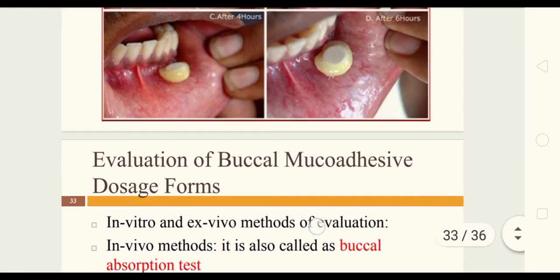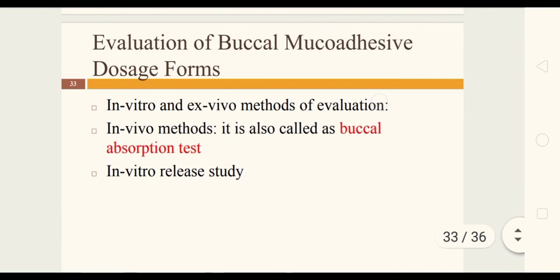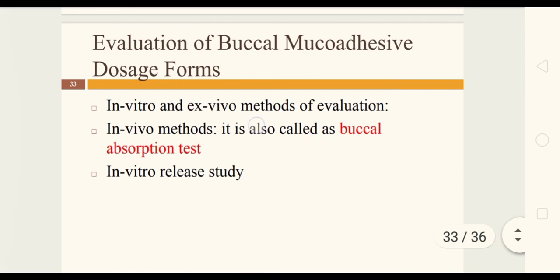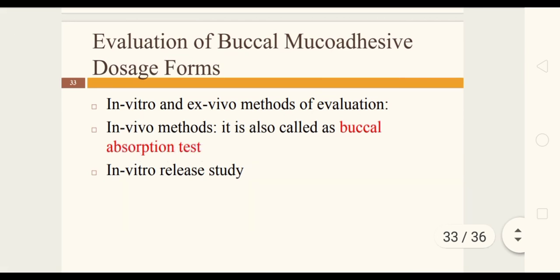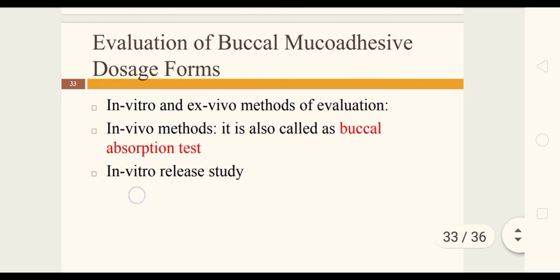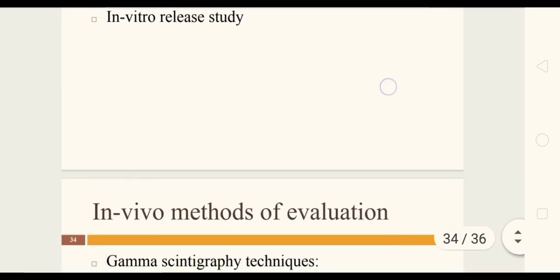Now we will evaluate the buccal mucoadhesive system. There are different methods, which include in vitro and ex vivo methods, then in vivo methods, which are also known as the buccal absorption test, and the in vitro release study. These are all different evaluation techniques for this buccal mucoadhesive system.